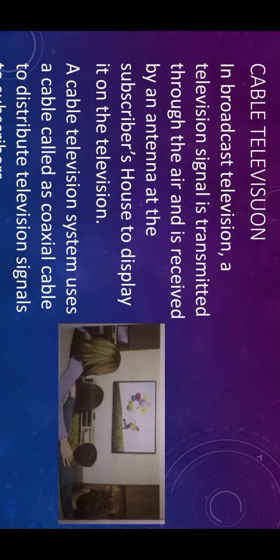A television signal is transmitted through the air and is received by an antenna at the subscriber's house to display it on the television. A cable television system uses a cable called coaxial cable to distribute television signals to subscribers.